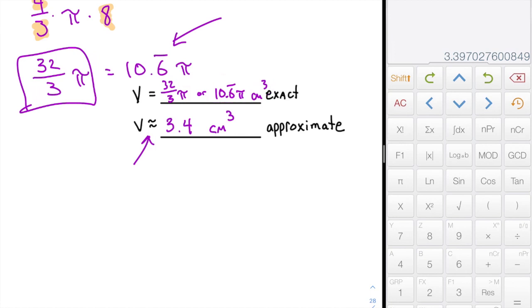So let's try this again. 10.6 repeating times 3.14. That looks better. Okay, good. So we got 33.49 centimeters cubed. Okay, so we have the exact and the approximate.